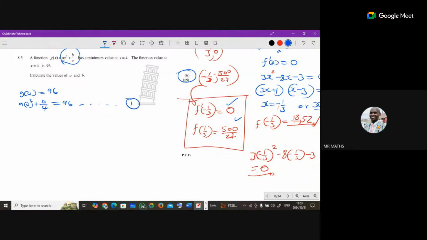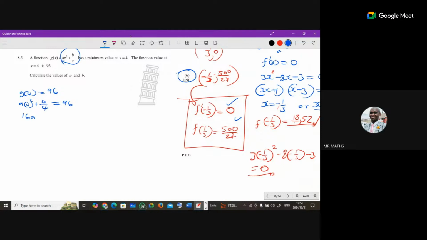Or you can just simplify it and make one variable the subject of the formula, because remember in simultaneous equations you don't necessarily have to say this is the first equation, this is the second equation. So I can just work out this and make one variable the subject of the formula. So I'll have 4 squared, which is 16. 16 multiplied by a is going to be 16a, right?